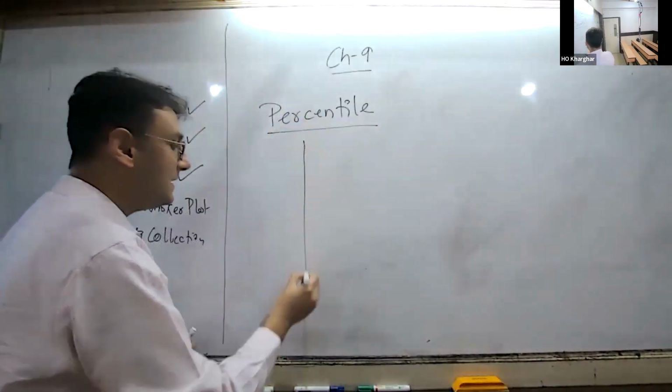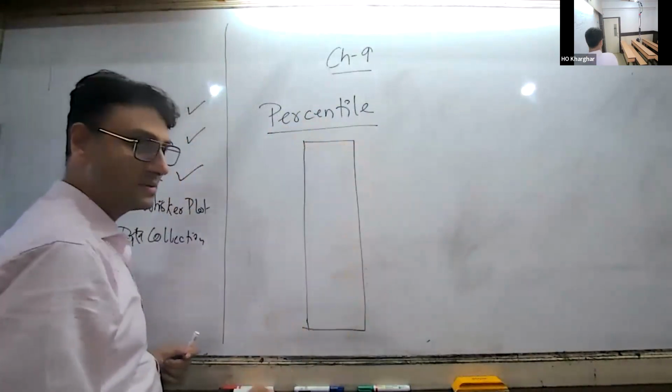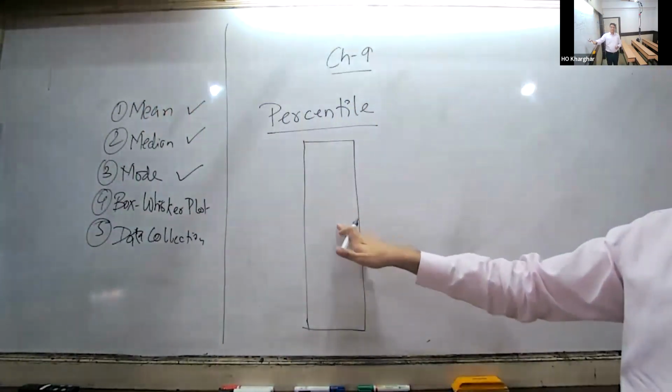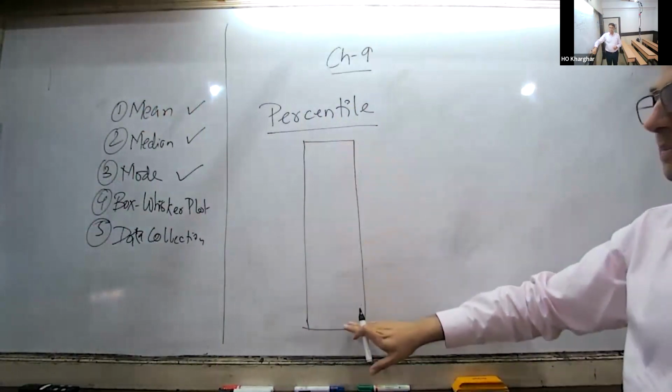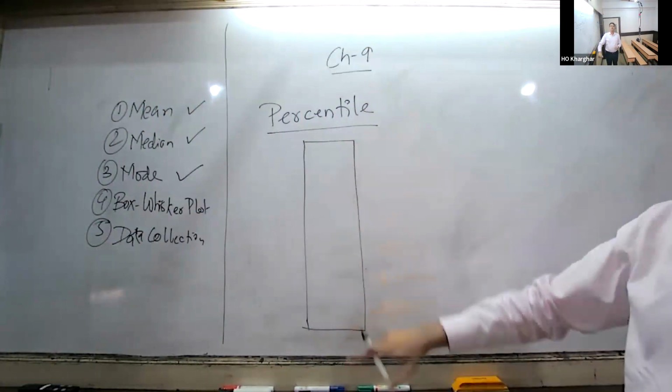Percentile means, let's say I have got some quantity. Let's say this is the total quantity of things: total number of students taking part in SAT May, SAT June, total number of people writing IIT JEE exam. Let's say this is that total I have.